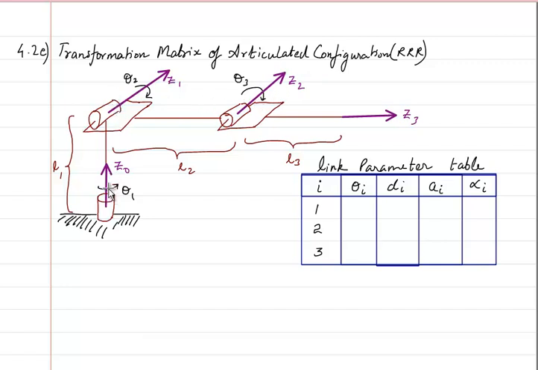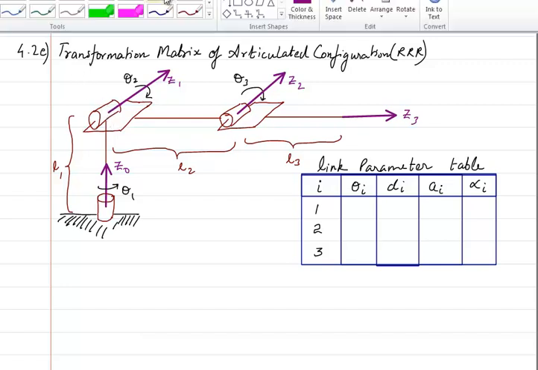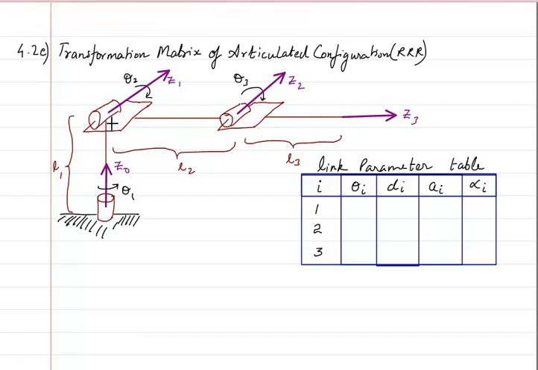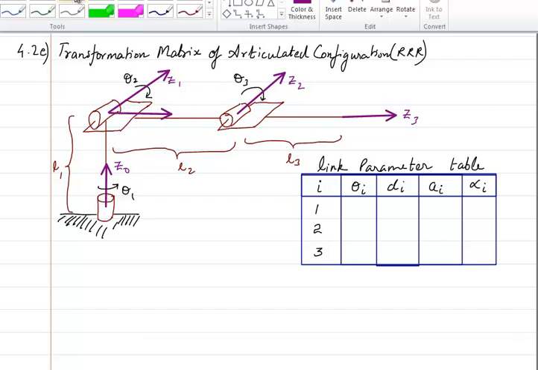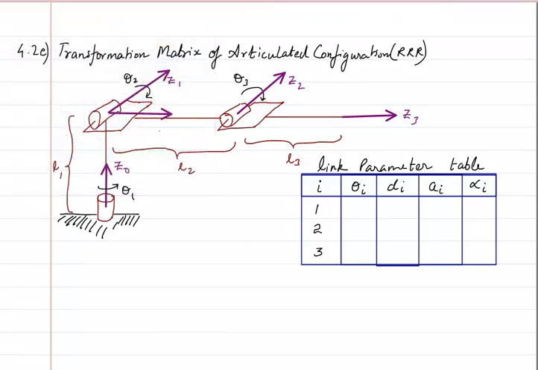So next, Z0 and Z1, if you see, both of them intersect at this origin. So I will draw the x-axis for this particular frame in this direction. So that is going to be my X1. So let me draw my X1 frame here.